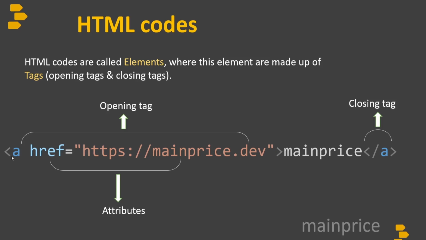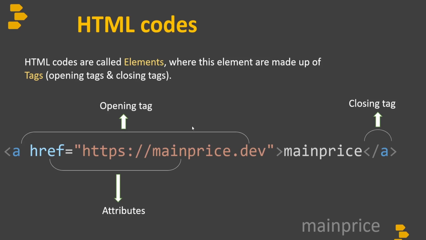From the less than sign to the greater than sign over here is called the opening tag, with the A. The A stands for anchor tag, right? And this part, where you see the less than sign, the forward slash, and the greater than sign with the A in it, is called the closing tag. So an anchor tag is made up of what? An opening tag and a closing tag.